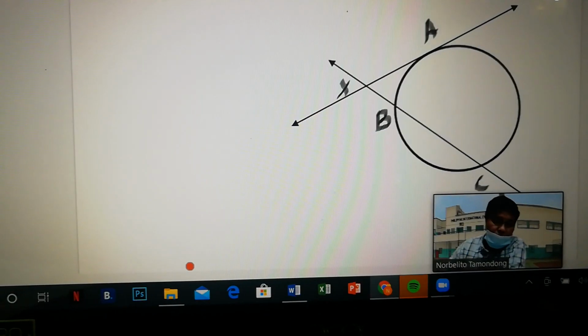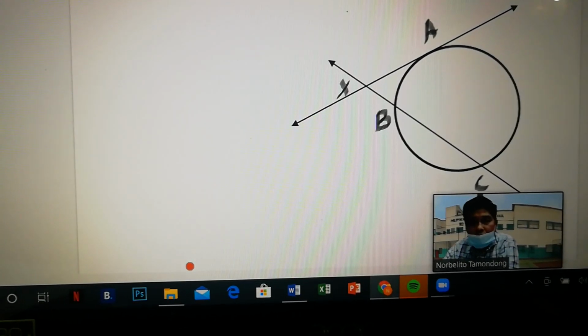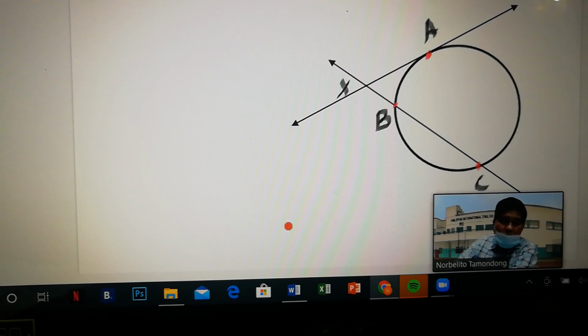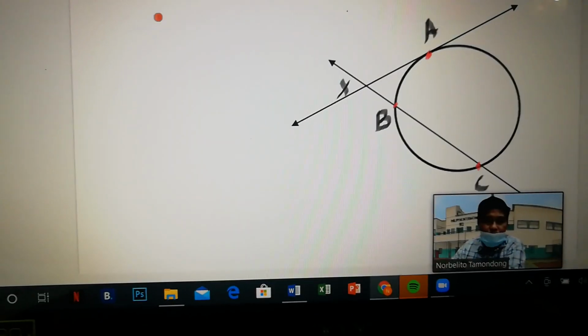Next, this time, the angle formed by a secant and a tangent. The intercepted arcs here are AC and AB. Since the intersection is outside, again that is 1/2 the positive difference.